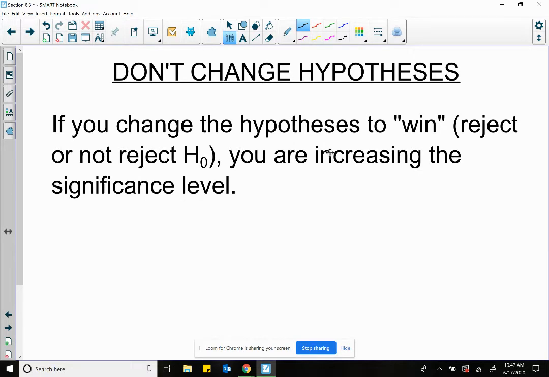By changing your hypotheses after you notice that, oh, if I did this, we wouldn't reject, or if I did this, we would reject. Okay? If you change because you see some observation like that, then you are not keeping to your original significance level. You are increasing it. So just so you know, we never ever change the hypotheses once we establish them in step 1. It's set. Do not change.